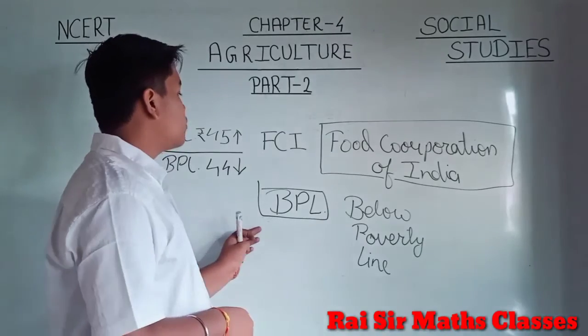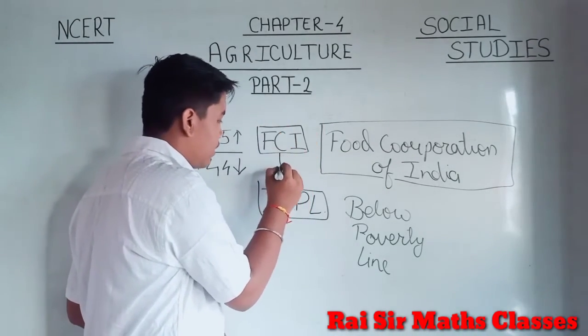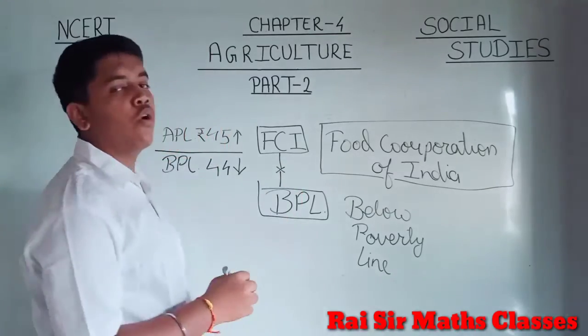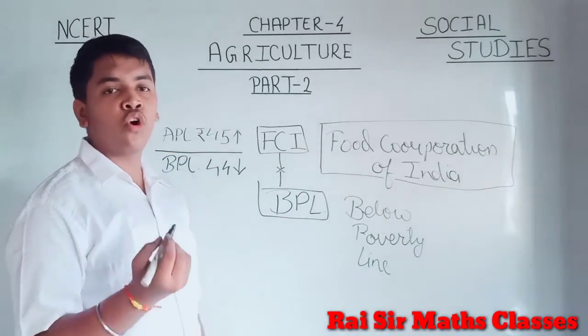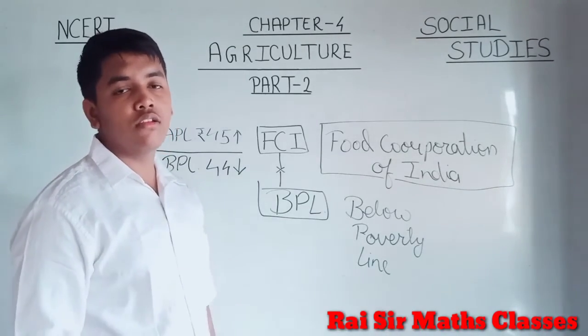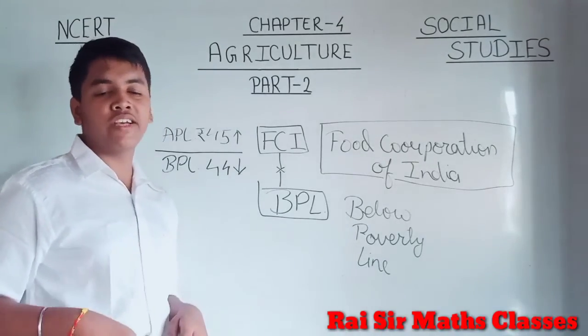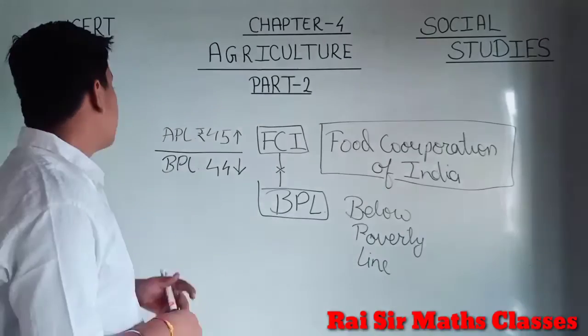So these two are the most important factors and can be asked in your exam: what is FCI, means Food Corporation of India, and what is the BPL system, means below poverty line. How can we differentiate who is below the poverty line and who is above?